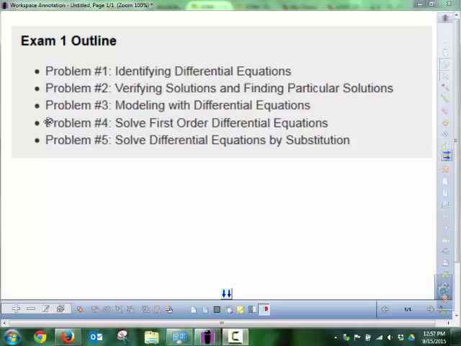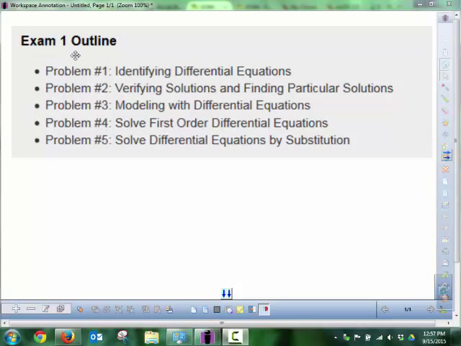I need you to find the integrating factor before you put that in the final answer. I'm not too keen on having no work at all and then the final answer. I'd like to see the steps to get to that final answer. Okay?